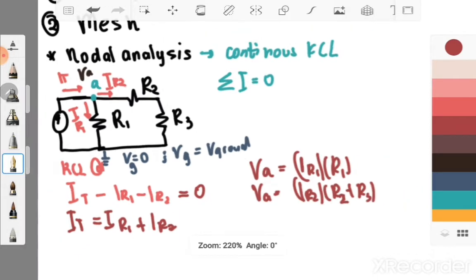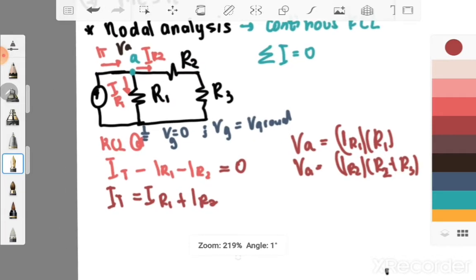Based on this explanation, your nodal analysis is therefore IT, the current that enters, positive, is equal to our IR1, which is equal to VA divided by R1, right?